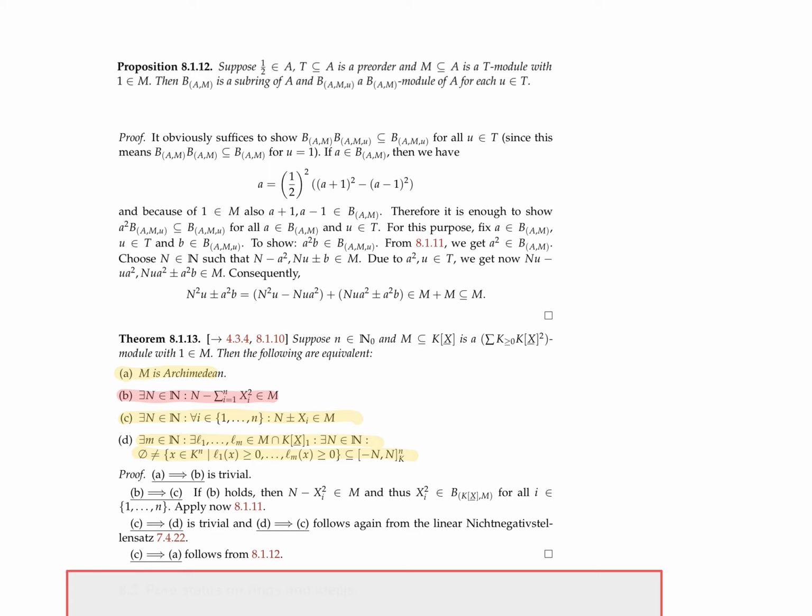And so we see also that it contains K, which is easy to see, since the non-negative elements from K are contained in M. So it suffices to show that it contains every x_i, but that's written here, right? Every x_i is arithmetically bounded with respect to M.